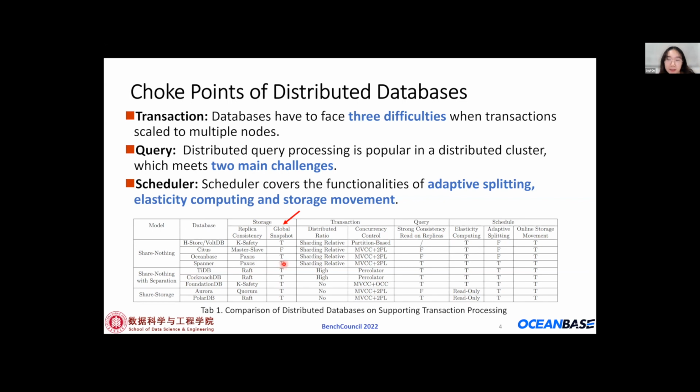The second one is that the pivotal features of the distributed databases all have to be taken into account in the face of query optimization. For the schedule layer, it covers the functionality of elastic computing, adaptive splitting, and storage movements.